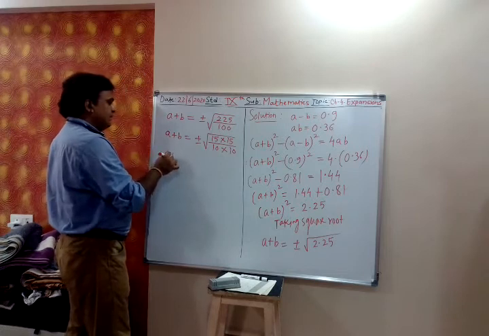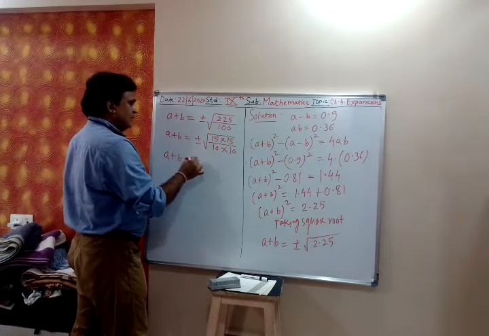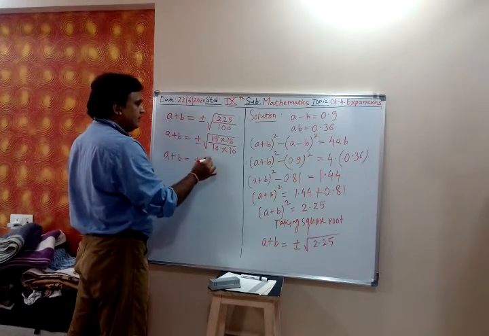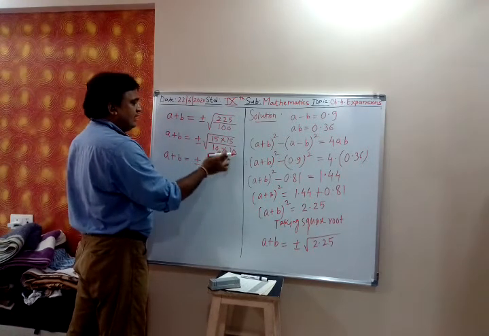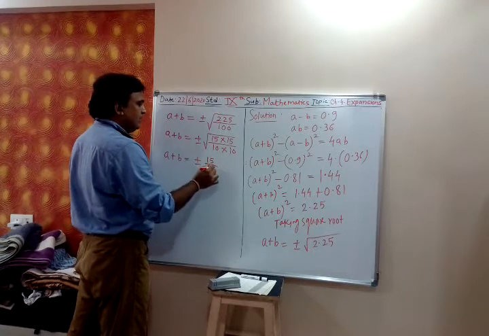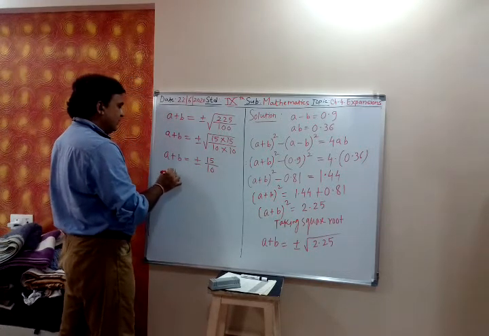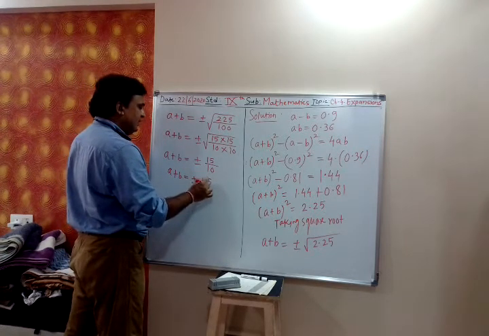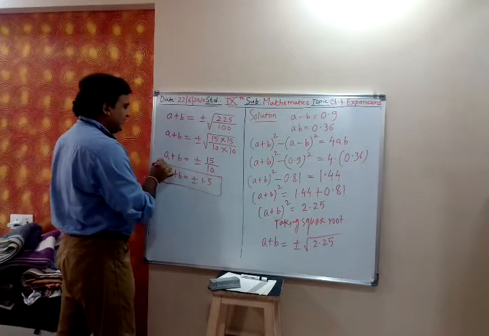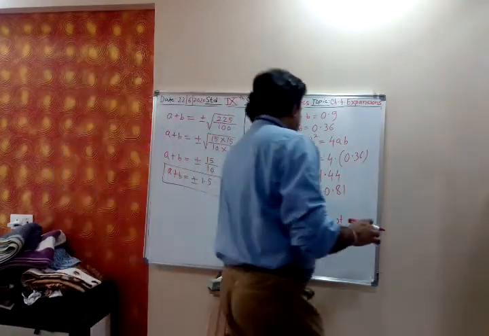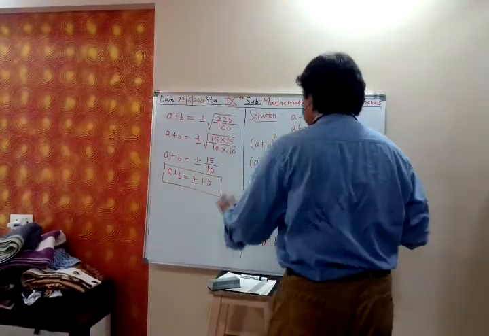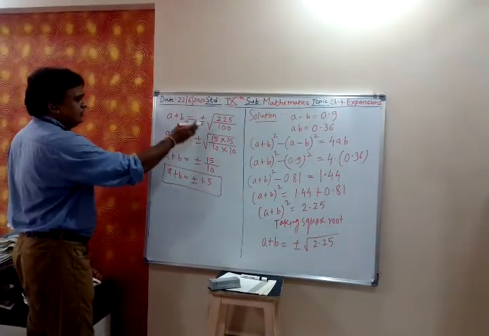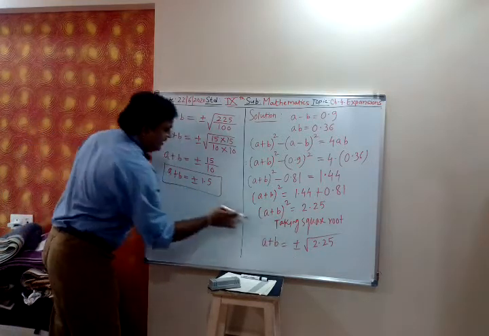So 15 I can take outside the square root, and 10 outside the square root. 15 upon 10 is 1.5. So a plus b is plus minus 1.5. You can directly write this value after this step. I have shown you the detailed calculation. This step you can avoid if you know it.